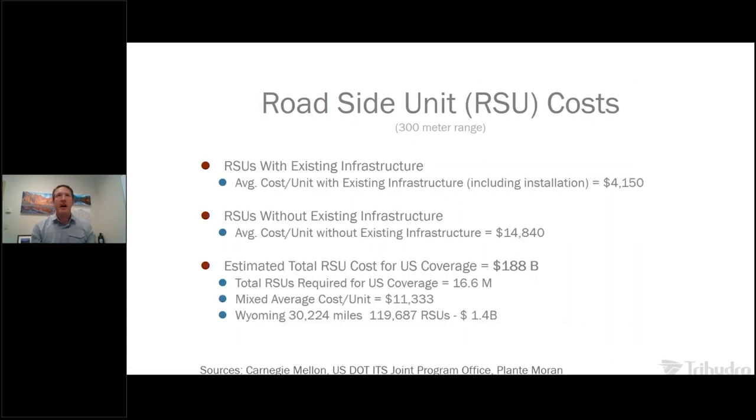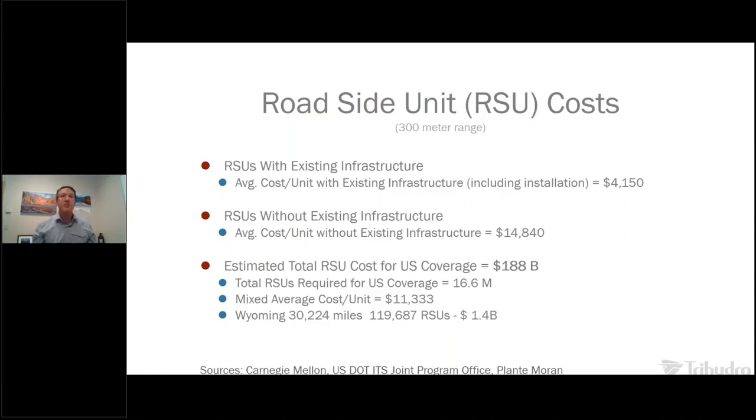Roadside unit. So what are the costs associated with deploying a lot of this technology? Well, let's look at some of the just raw hardware costs associated with it. So RSUs. And each RSU has a 300-meter range, and these are the equipment that you install along the roadside to be able to communicate with the connected and autonomous vehicles.